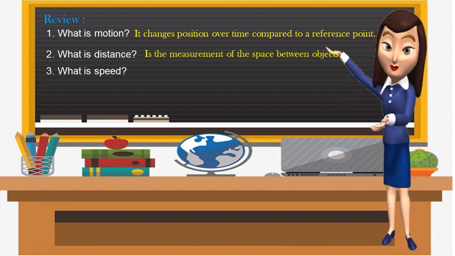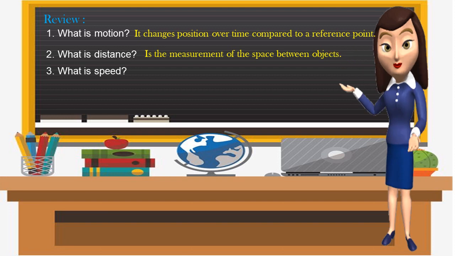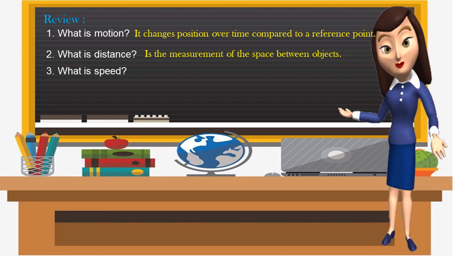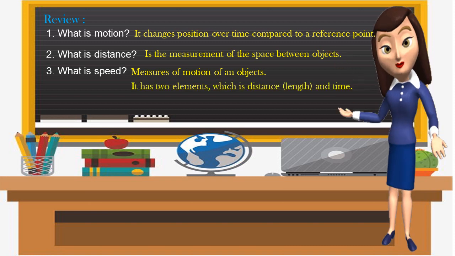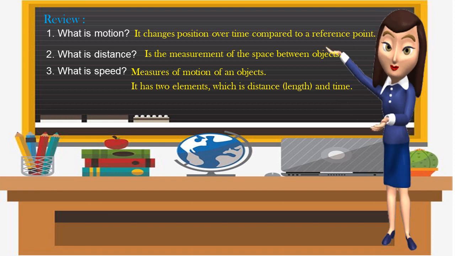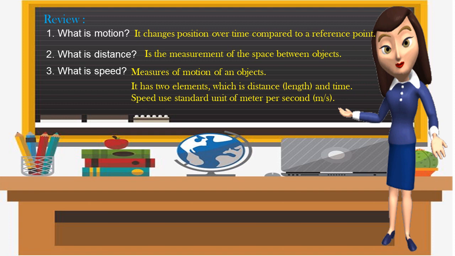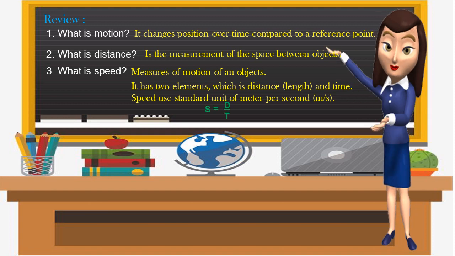Distance is the measurement of the space between objects. What is speed? Speed is the measure of motion of an object. It has two elements, which are distance and time. Speed uses the standard unit of meter per second. The formula of speed is S equals D over T.